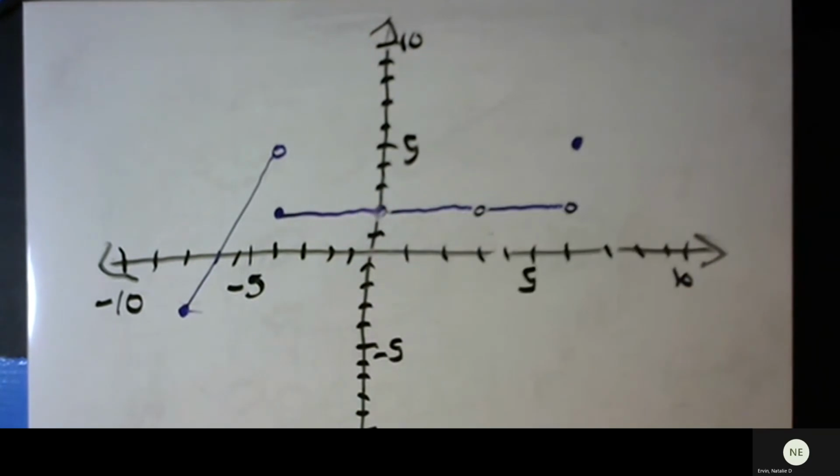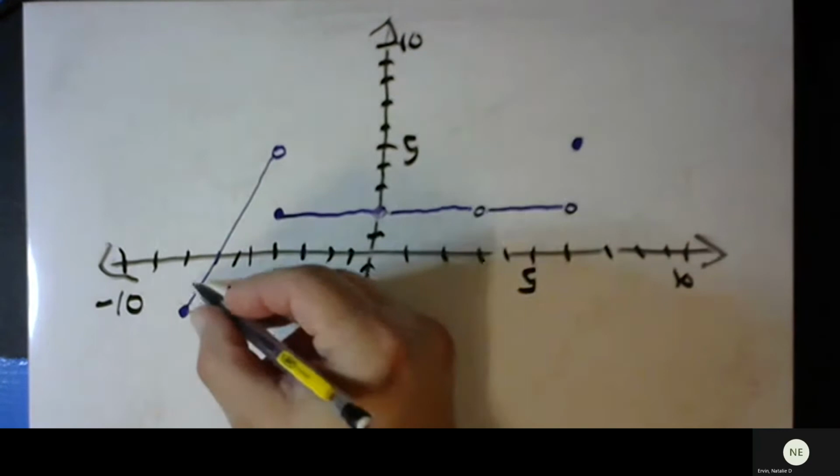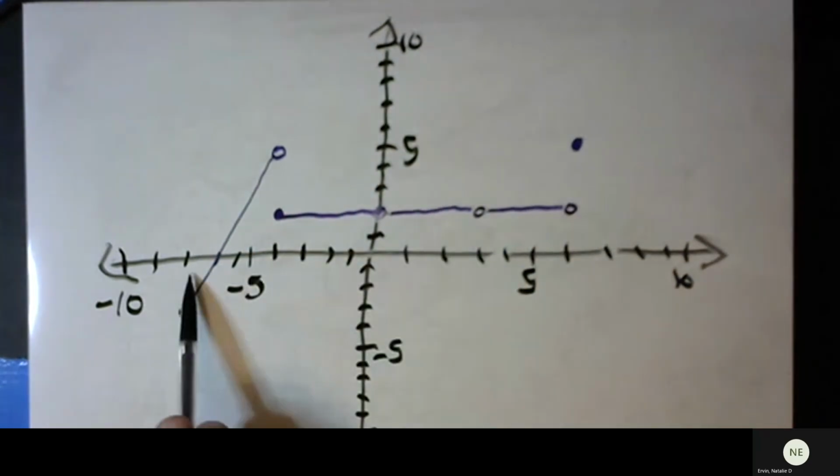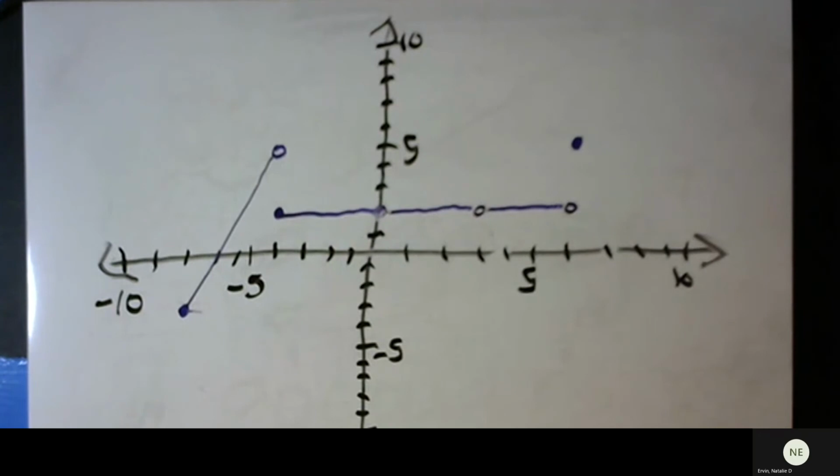The first question is asking, what's the limit of this function as x approaches -8 from the right? So you're approaching -8 from this side, and that's what that plus means there. The minus in front of the 8 just indicates -8, but then you have a plus sign.